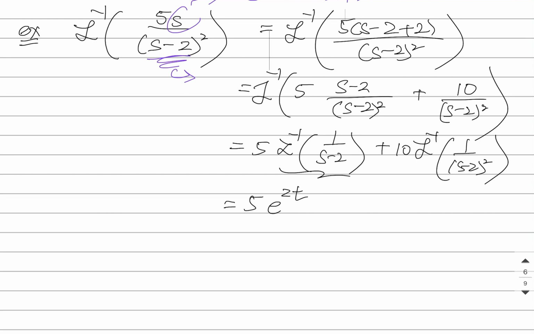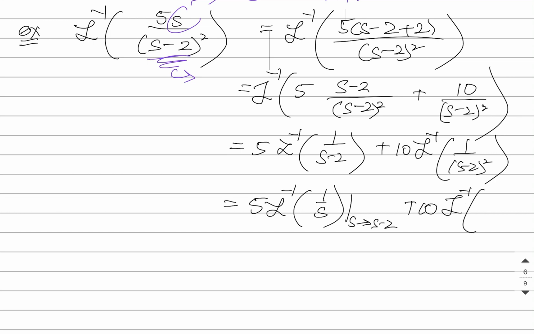But if I wanted to, I could think of it in terms of a shift. So I could think of this, and I'm going to do that for illustrative purposes. I'm going to say, okay, look, this is the same as 1 over s, where s has been shifted to s minus 2. This is the same as the inverse Laplace transform of 1 over s squared, where s has been shifted to s minus 2.